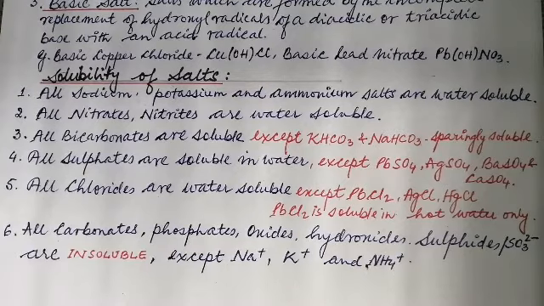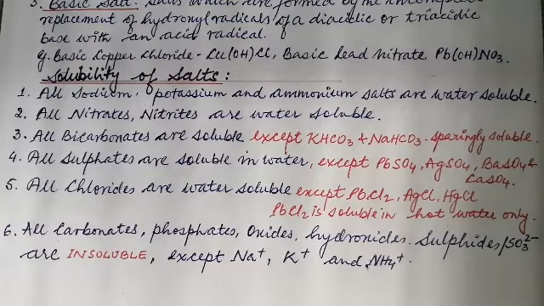All chlorides are water soluble salts except, now you have to remember, these are the ones that are insoluble: lead chloride, silver chloride, mercurous chloride. Now keep in mind, lead chloride is soluble in hot water only. So lead chloride is a salt which is soluble in hot water, insoluble in cold water.